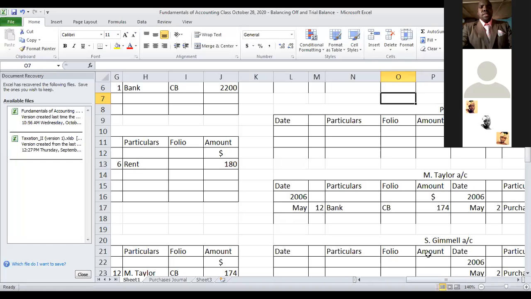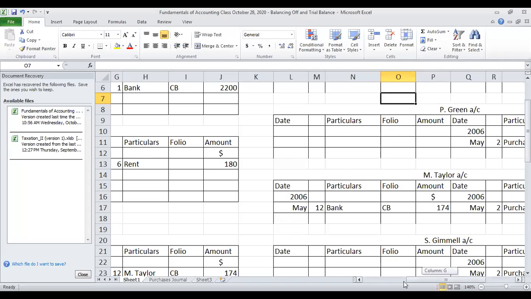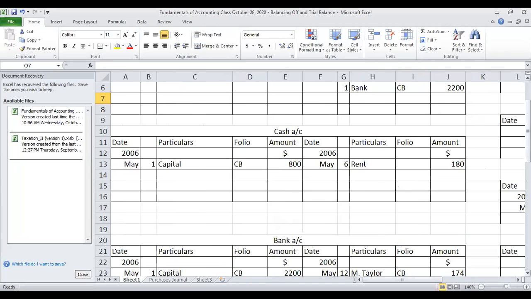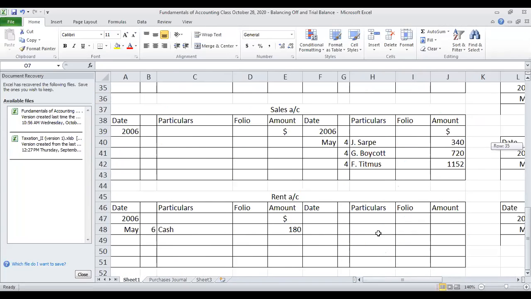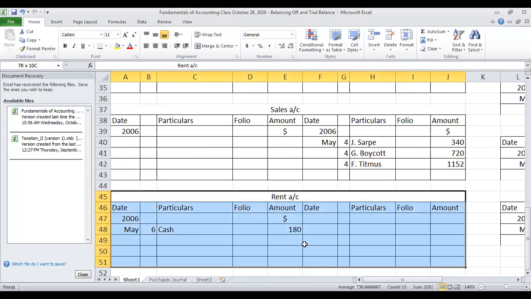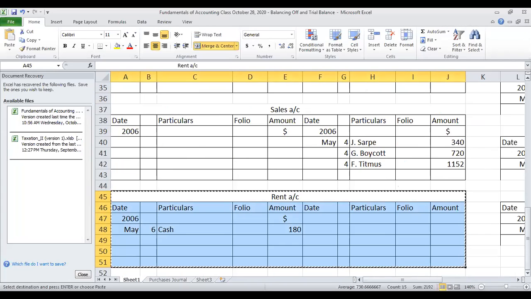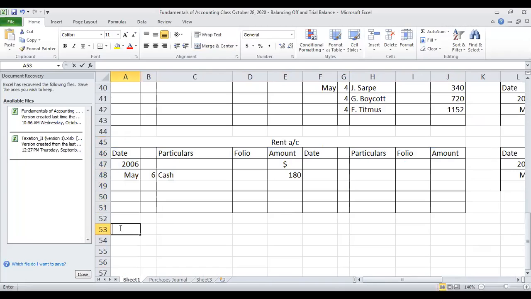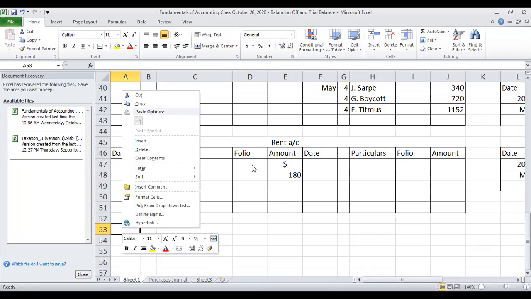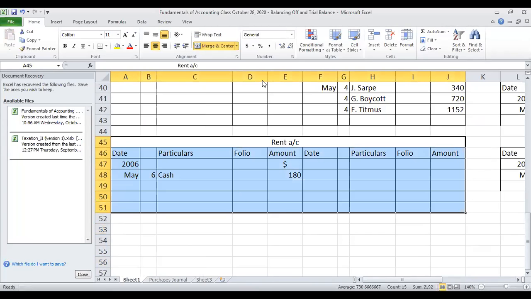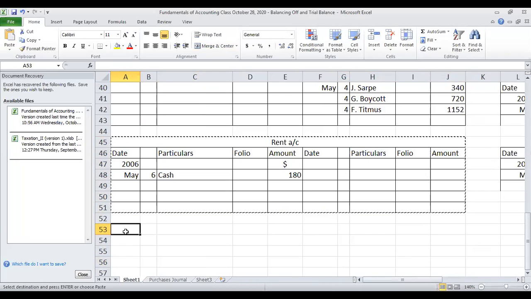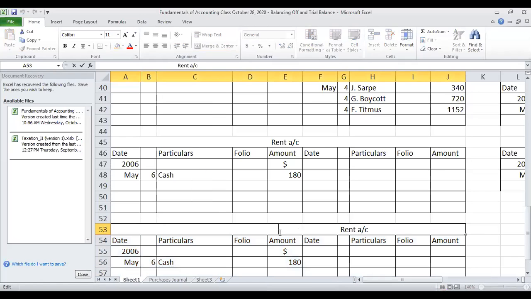So we're going to create, you already have a cash account, so we're going to create a carriage account now. Because carriage is an expense, debit carriage and credit cash. So, carriage account.